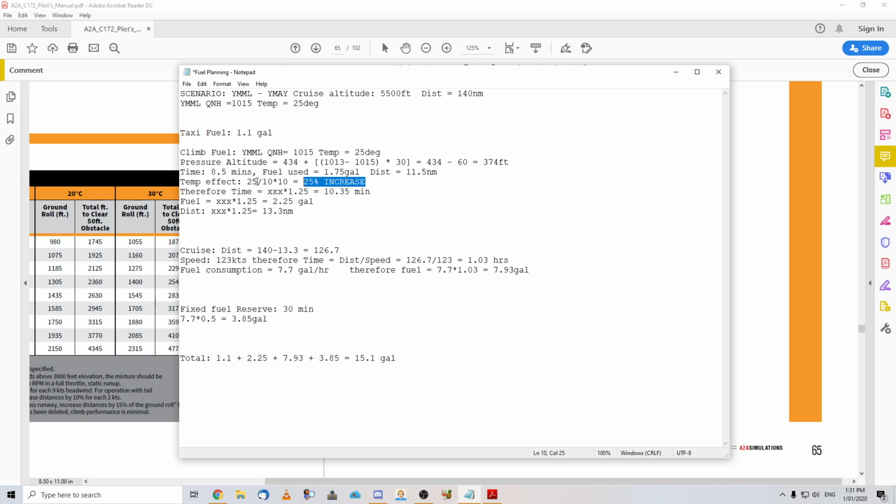So now we worked out the time here was 8.5, and we've got to multiply that by 1.25 because it's a 25% increase.